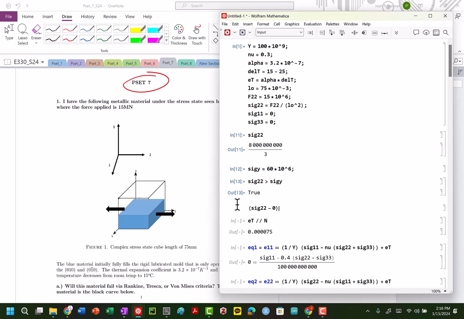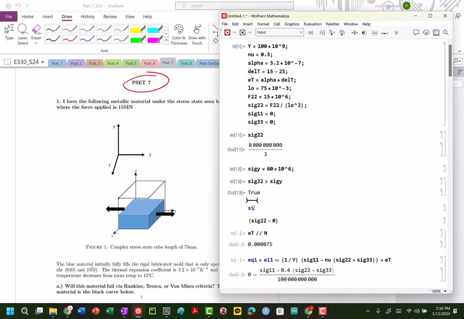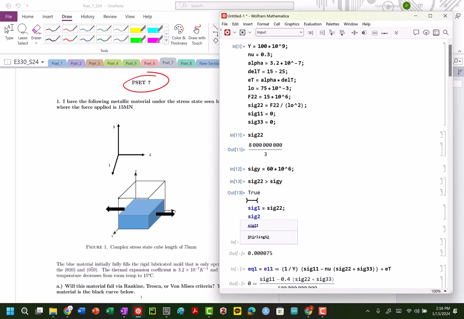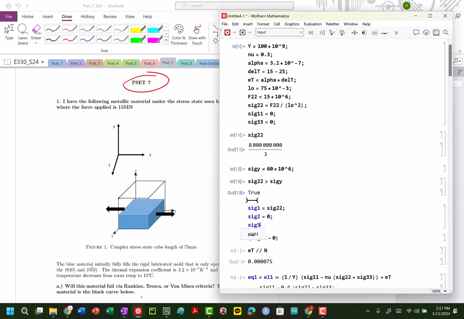Is sig 2,2 minus 0, which is the other stresses. Basically, because again, in this problem, my sig 1 is equal to sig 2,2. My sig 2 is equal to 0, which is equal to sig 3, which is also equal to 0. So is sig 1 greater than sig y? Is sig 1 minus sig 3 greater than sig y?